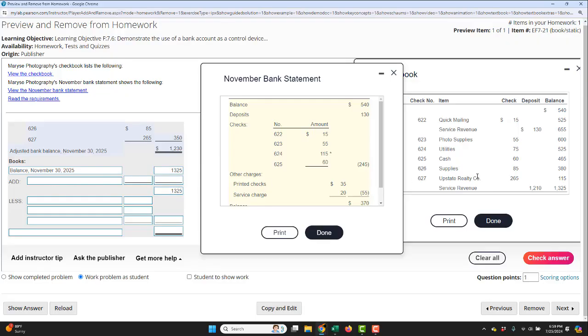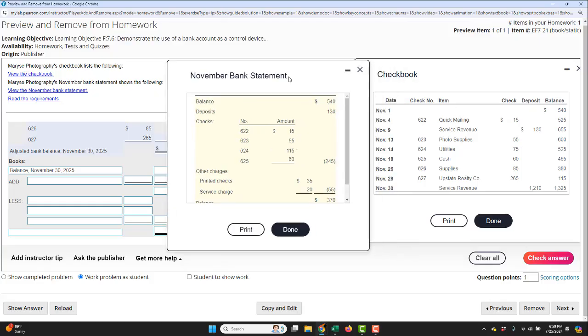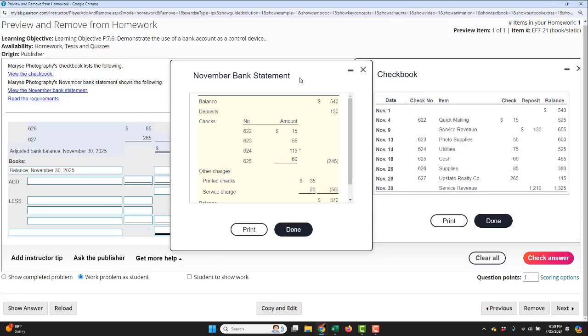Okay, so now what do we have to take out of our checkbook? Actually, one thing, let's just note this. The fact that there was a mistake in check 624, where the actual amount was higher than we wrote in our accounting books, means that to adjust this balance, this should actually be lower by the difference.